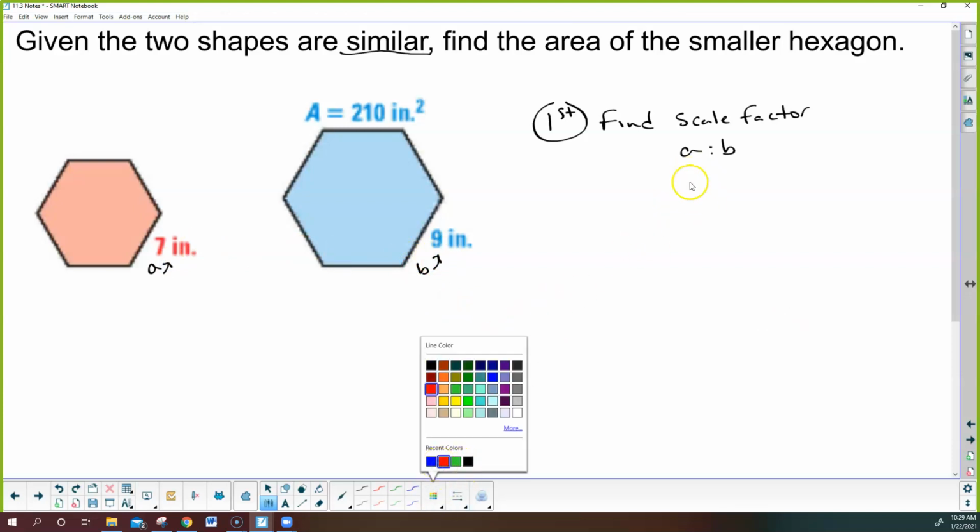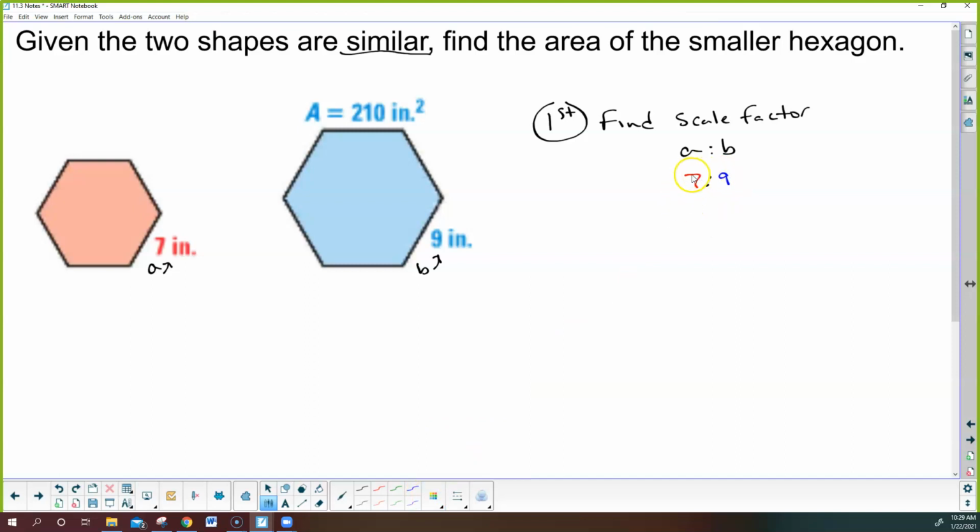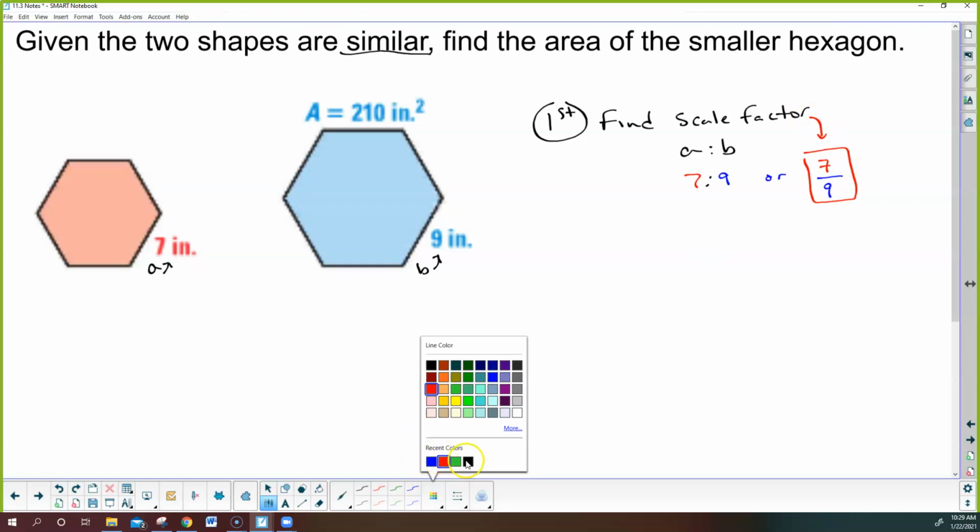And let me see if I can color coordinate this. This will be perfect. So there's the scale factor, which we can write this way, or I prefer to write it as a fraction, and you'll see why. All right, there's my scale factor.